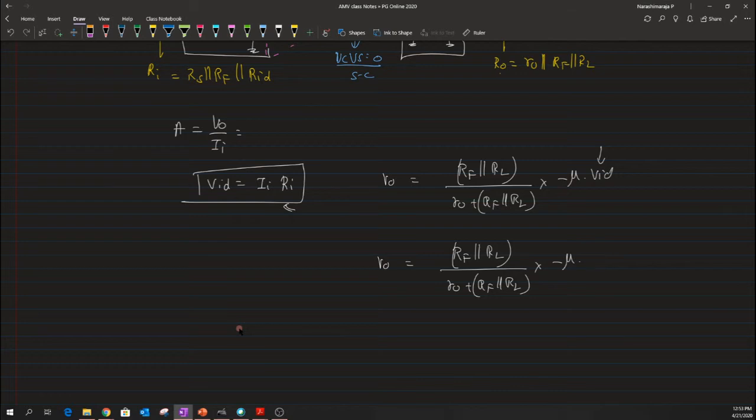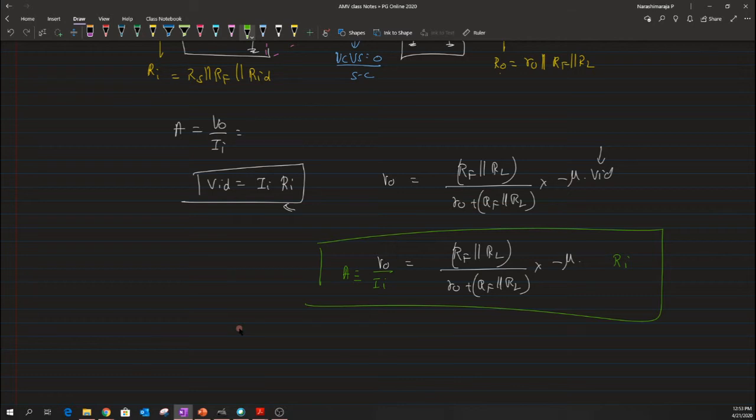So, now I can replace this VID in terms of II times Ri, and I can just drop this term Ri to the denominator, so that this gives me an expression for the value of A. So, it is this quantity that gives me the capital A, or the gain expression.